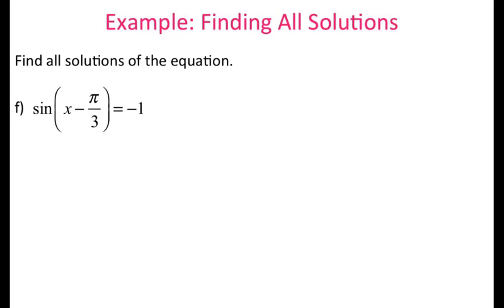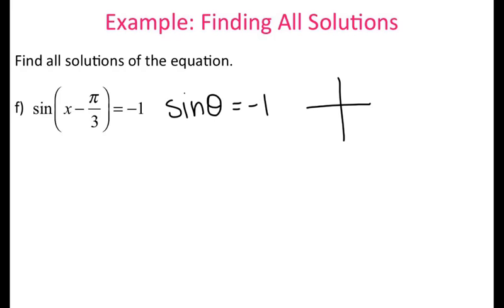So day 2, we're still solving. It's just that now, if you'll notice, inside your trig function is not just x or theta. We now have the expression x minus pi over 3. So I'm actually going to treat this as if it were just sine of theta equals -1. So -1, if we graph it, sine is your y-coordinate.